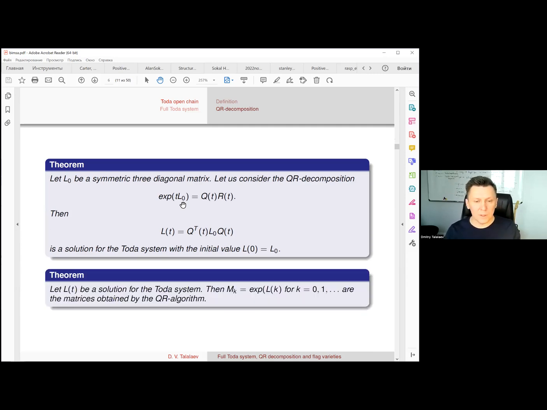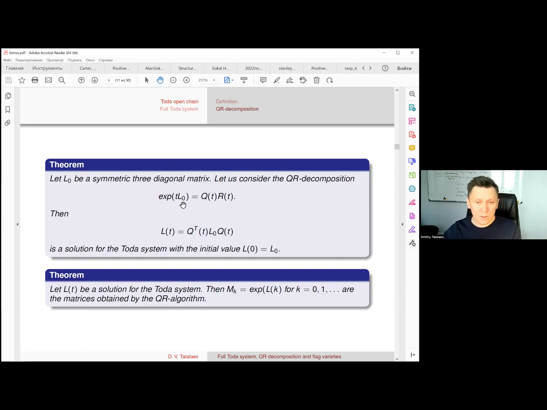Moreover, if L of t is the solution of the Toda system, then the matrices M_k, which are the exponential of L of k at a discrete series of values of the parameter k, are the matrices obtained by the QR algorithm. So the exponentials of the Lax operator at discrete moments of time are just the steps of the QR decomposition method.